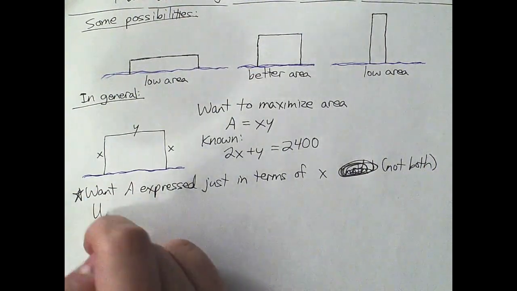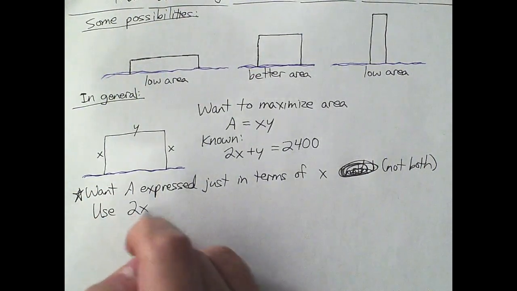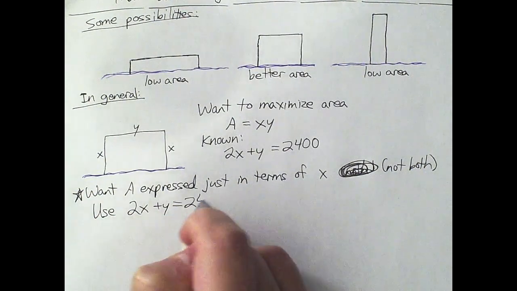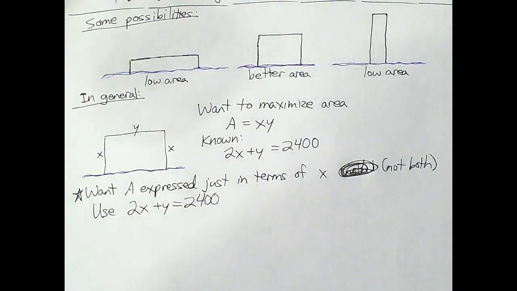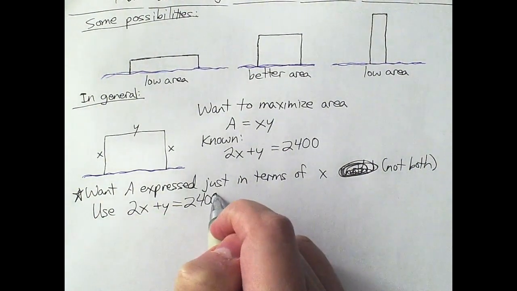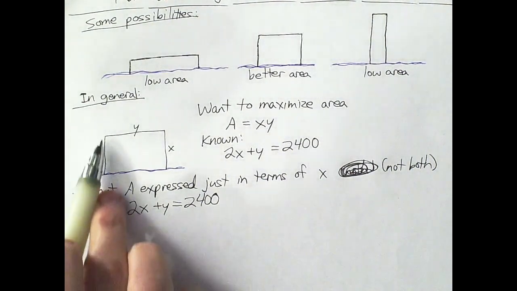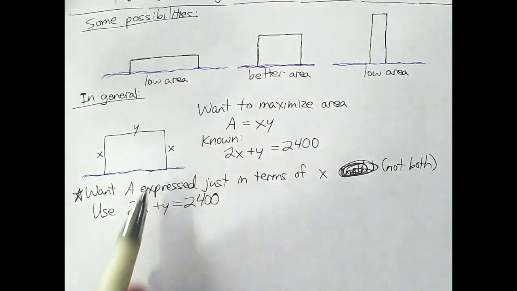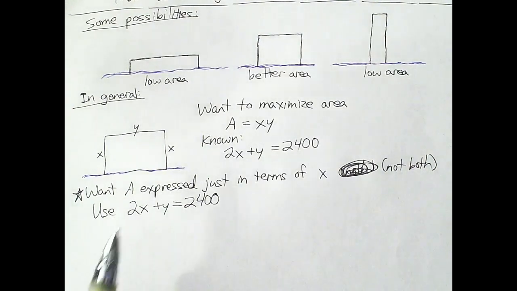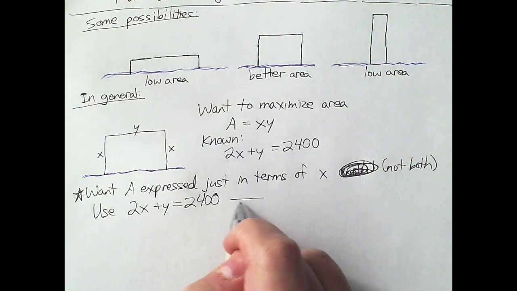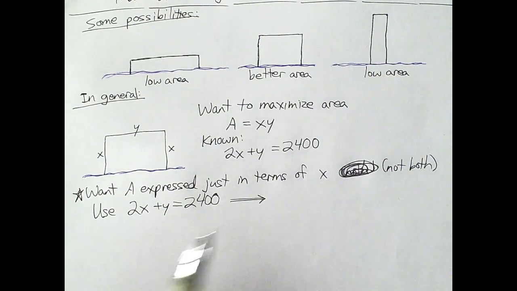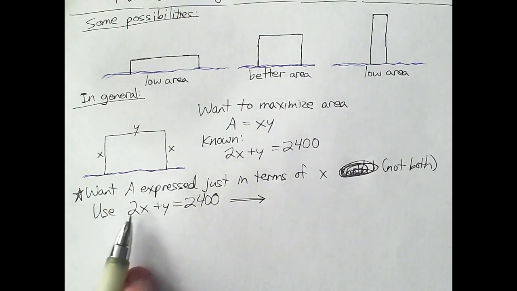So what we do is we use that second line. We know that 2x plus y equals 2400. Something like that has to be given in the problem, some information. And the 2400 and the fact that it's a rectangle and the picture I'm looking at, that's what helped me come up with this equation. And from this, we could solve for y in terms of x.